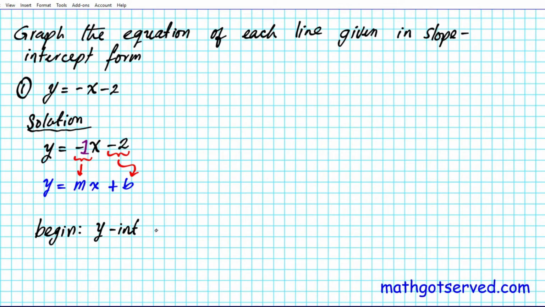The y-intercept is b, so think about b as the beginning. The b value here is negative 2. And then we need the directions to take us to the second point. This is where the slope plays a role. The slope is the m value, which is negative 1.